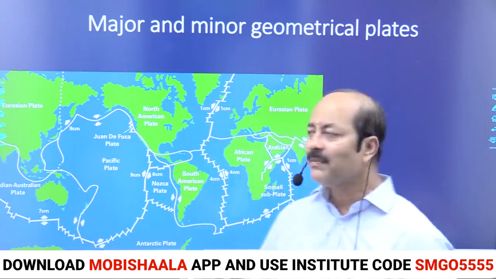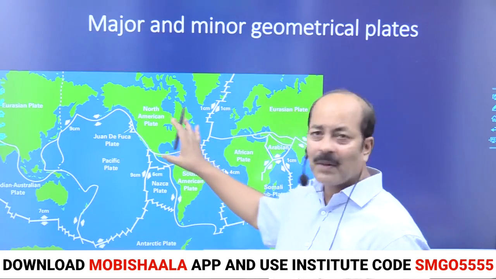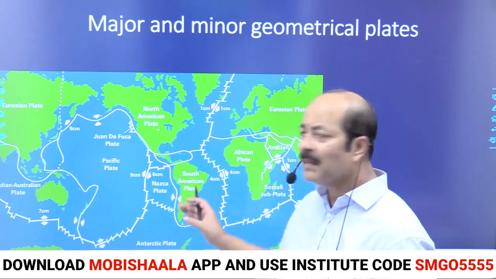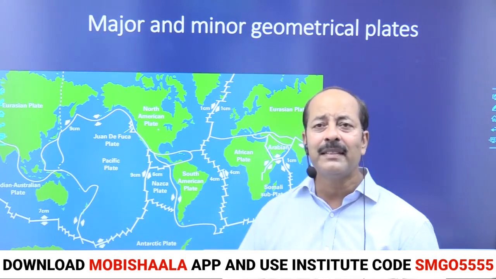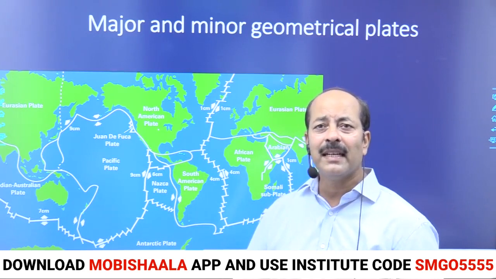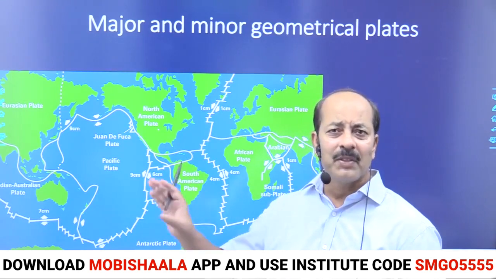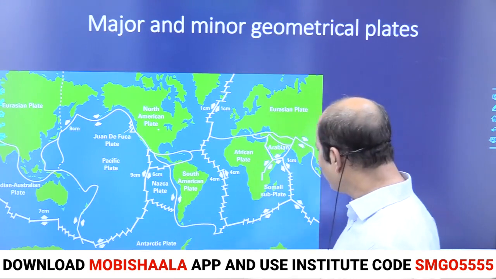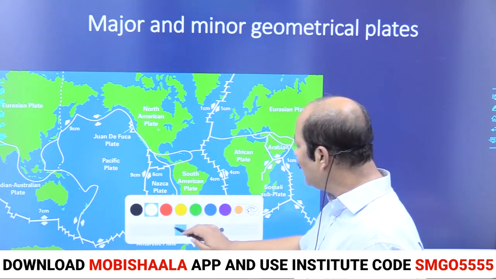In this area we can find the continental area and oceanic area. As it has some geometrical configuration, we say that these are the geometrical plates. So go for writing the major and minor plates.